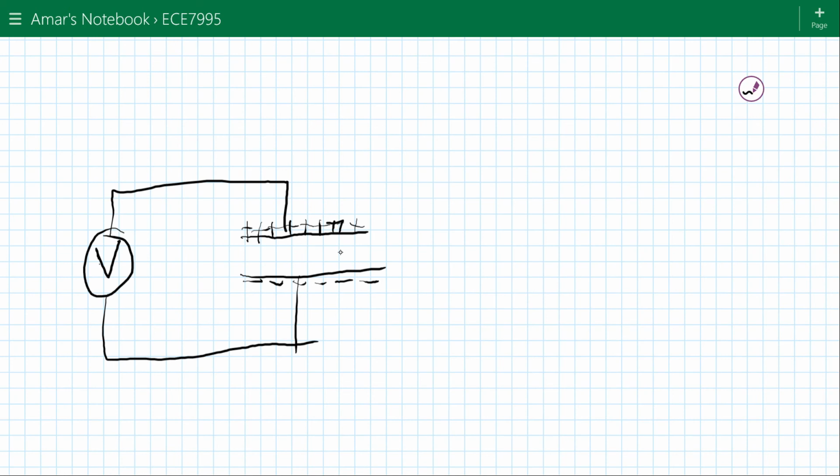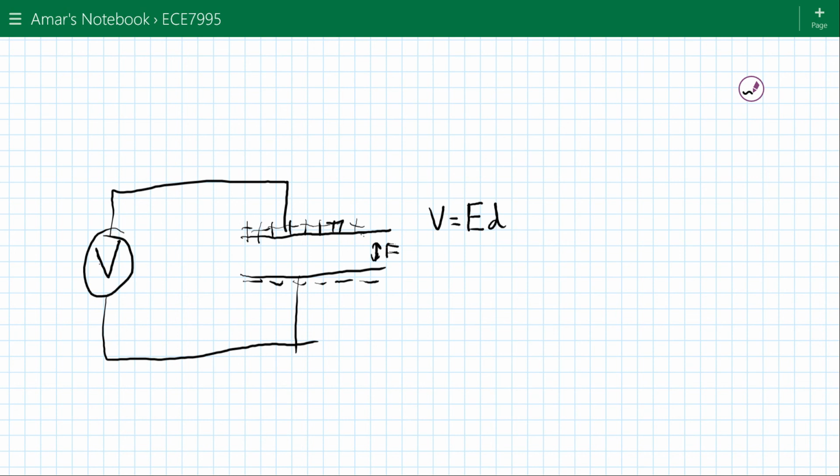Now, there's an electric field that develops here. Voltage is equal to the electric field times the distance. And there's also an attractive force here because you have positive charges on one side of the plate, negative charges on the other side of the plate. So there's actually an attractive force. We're going to be talking about that later in the chapter.